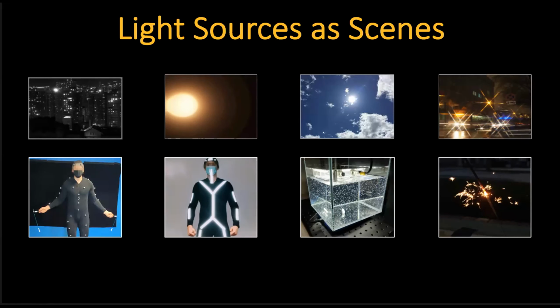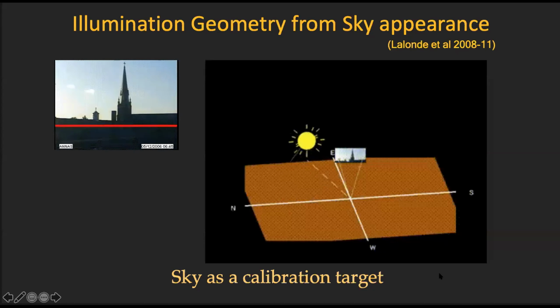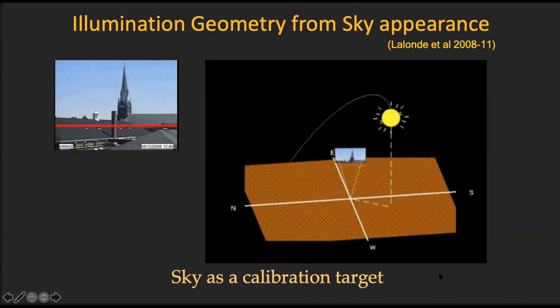And so in this talk, what I want to do is to give you a few examples of what I mean by light sources as scenes, and what we can recover from the observation of the light source itself. Okay, so going back to Jean-Francois Lalonde's thesis, really cool thesis.